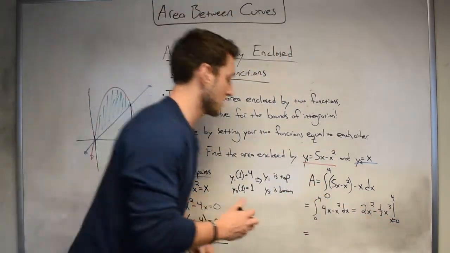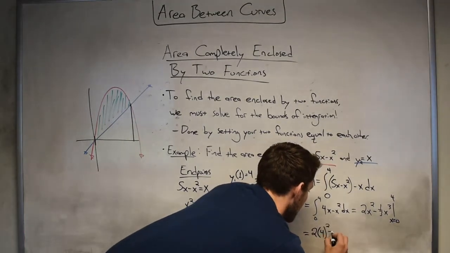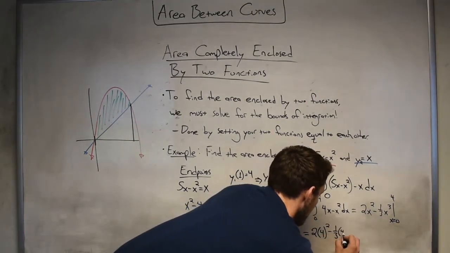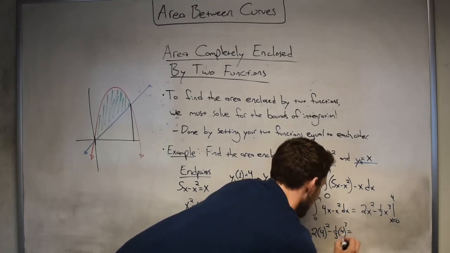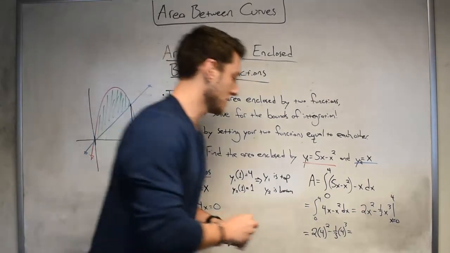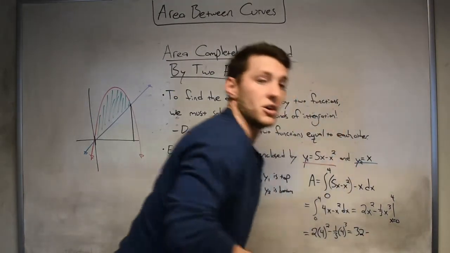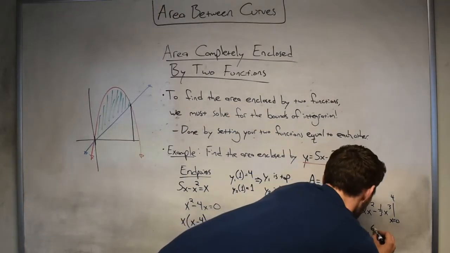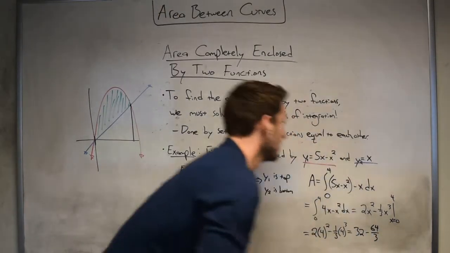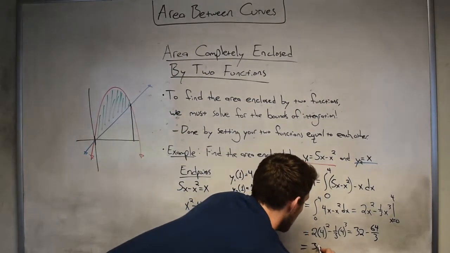So really our answer will just be 2 times 4 squared minus 1/3 times 4 cubed. 4 squared is 16, times 2 is 32. 4 cubed is 64, so 32 minus 64 over 3, which will ultimately give me an answer of 32 over 3.